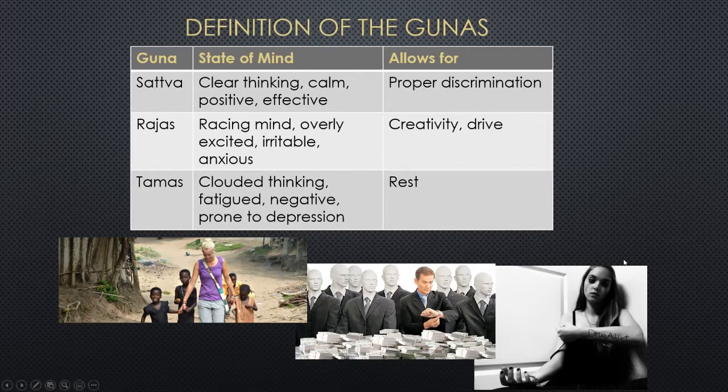And I've given here just a few prototypical pictures of what somebody in sattva, rajas, and tamas looks like. But we have to understand that we are always in a constant fluctuation of these three, and it's always a mix. It's not that somebody is completely sattvic or rajasic or tamasic.